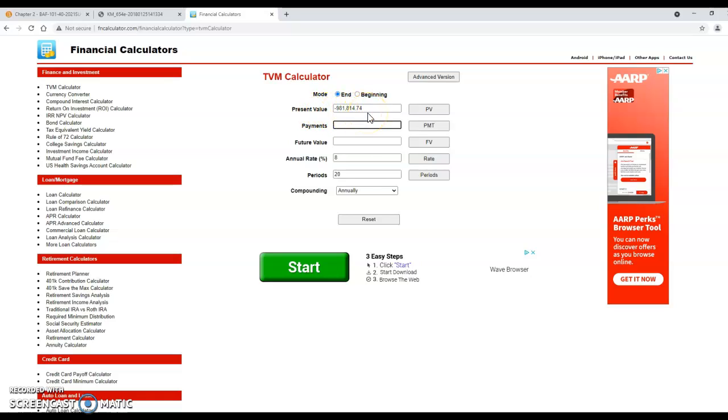If I put that in under present value with the 8% and the 20 years annually compounded, then I could hit the rents and it would come out 100,000. But if I forget my negative sign, I might have problems, or it'll come out as a negative 100,000. Especially when you are looking for the rate or the number of periods, you've got to make sure that something has the negative sign on it for it to work correctly.